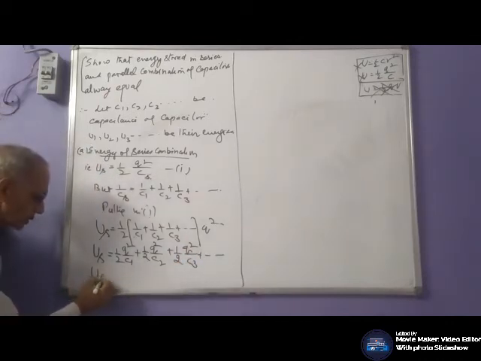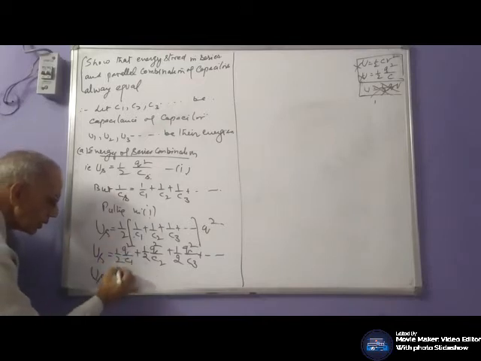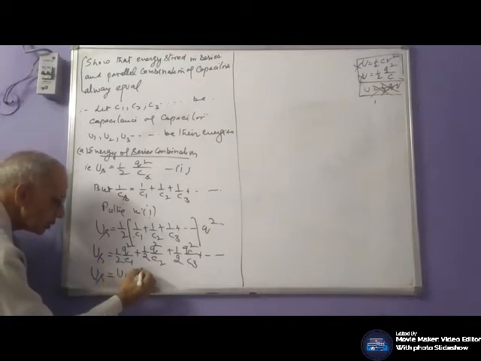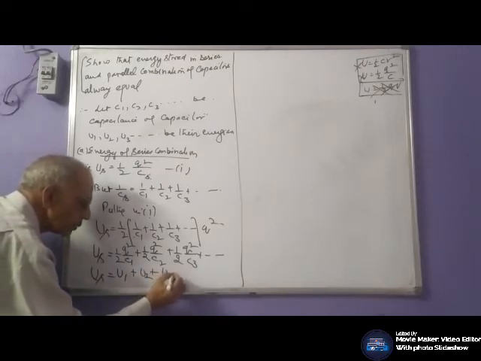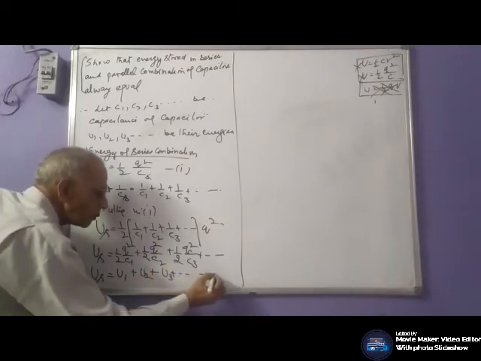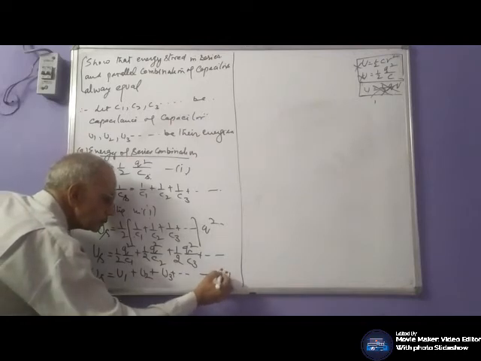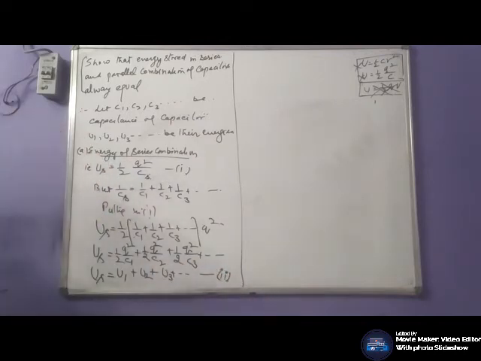It is U1, energy of first capacitor, U2 energy of second, U3 and so on. This is the energy of series combination of capacitors.